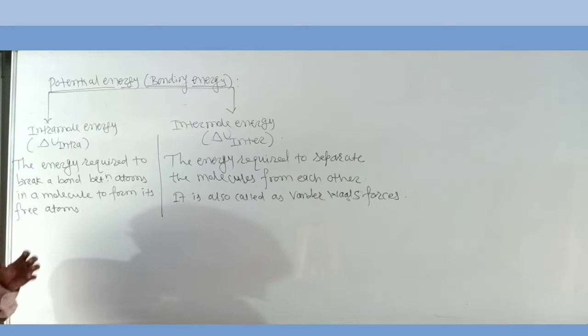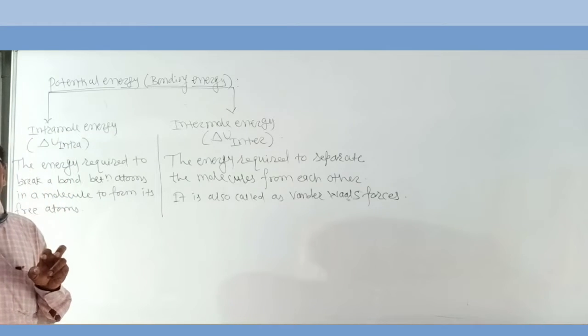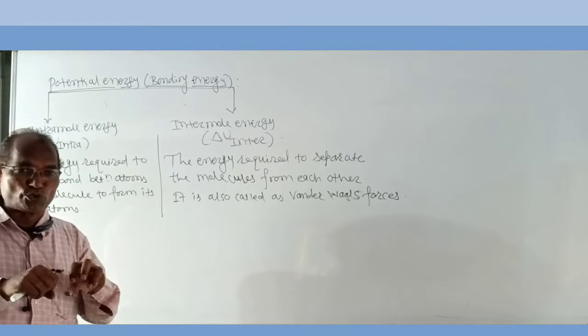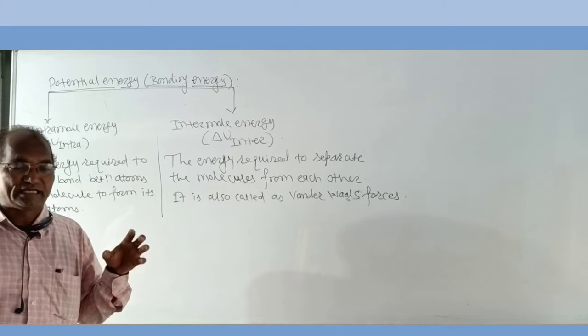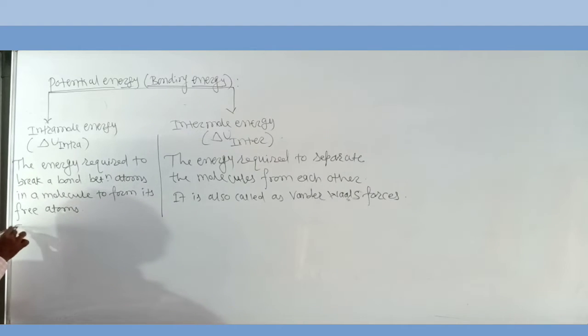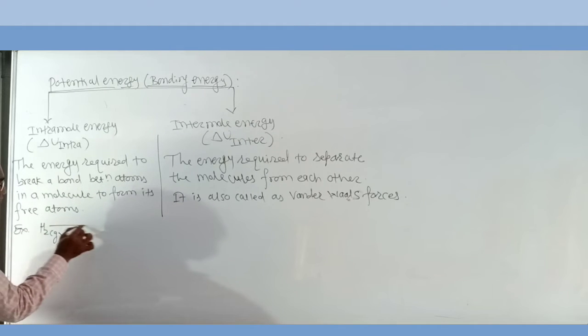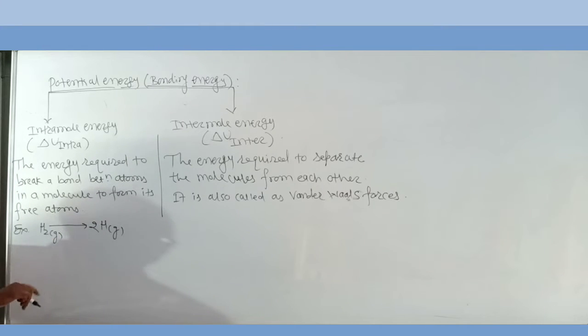The energy required to break a bond between two atoms in a molecule to form its free atoms or radicals is called intramolecular energy. For example, here the H2 molecule dissociates into hydrogen atoms.